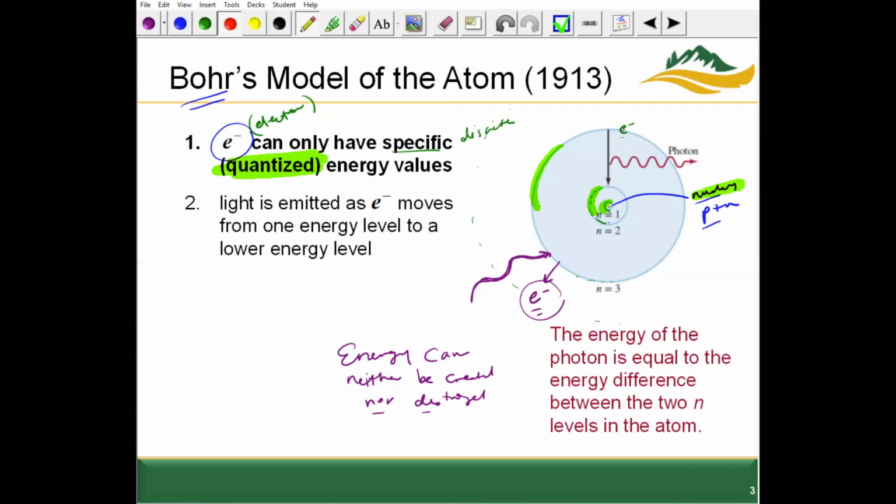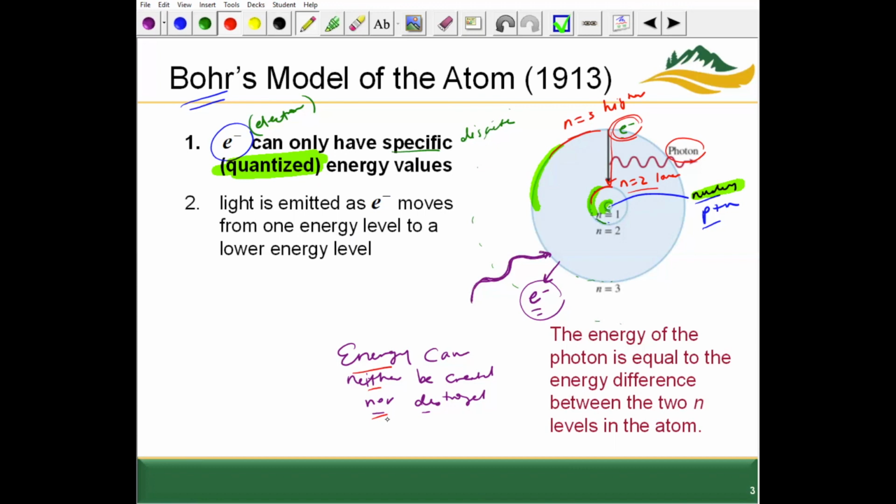Now here, we can also have an electron instead go from N equal 3 to N equal 2 energy levels. N equal 3 is a higher energy level than N equal 2. When an electron goes from N equal 3, at a higher energy value, down to N equal 2, a lower energy value, that means there is excess energy that needs to go somewhere.